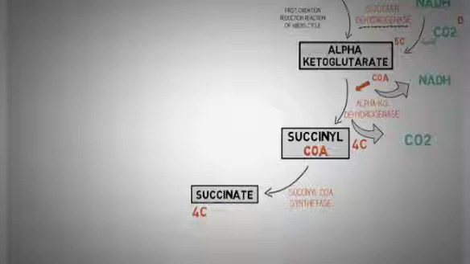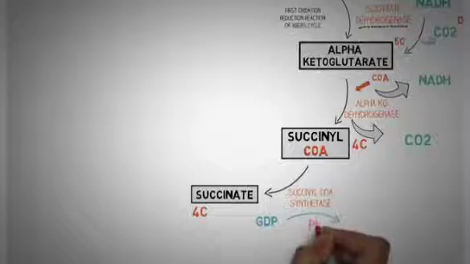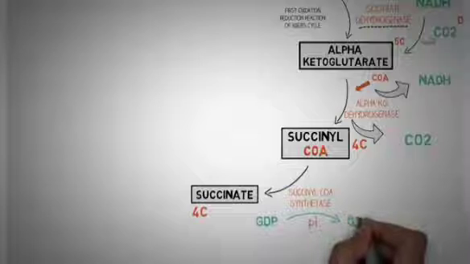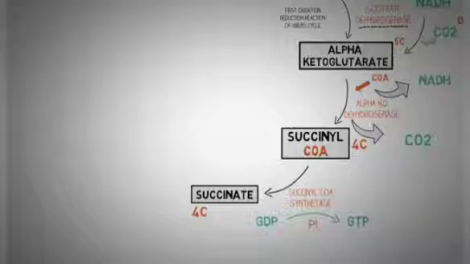So what changes? Succinyl-CoA is a high energy compound, and the energy stored in this compound is used to attach an inorganic phosphate molecule to GDP. This GDP gets converted to GTP, which is like a close cousin of ATP, and is later used in the formation of ATP.